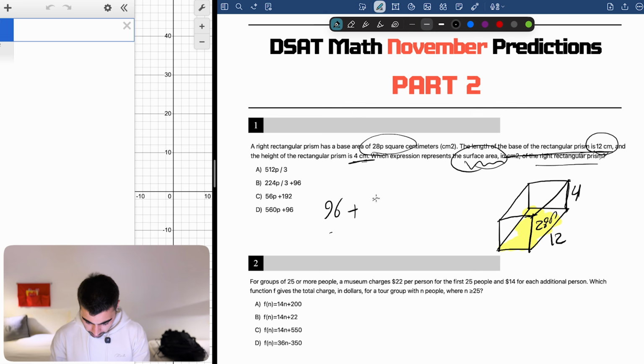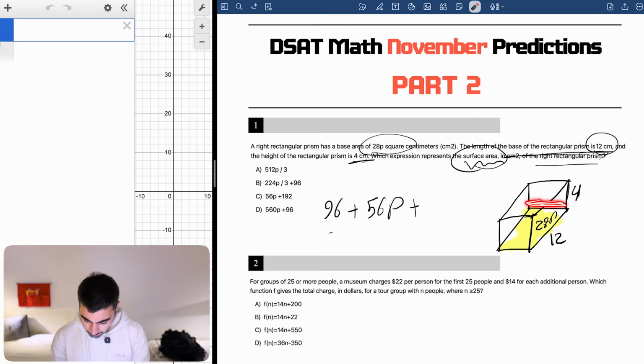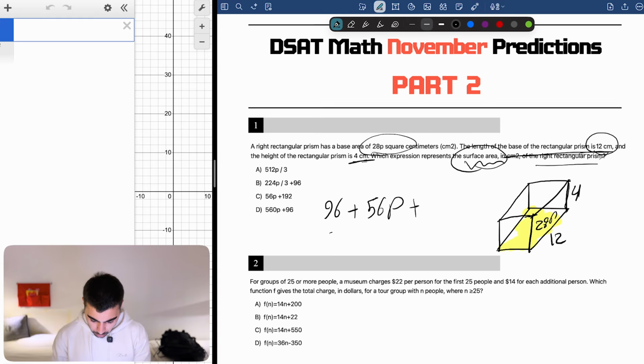So 96 plus 56π, plus the final face, which is this one. We have the height, but we don't know the length of this side. We can find it by using this area. To find the area, which is 28π, we do 12 times this side, the question mark. So the question mark times 12 is equal to 28π, which means the question mark is 28π divided by 12, which is 7 over 3 π.